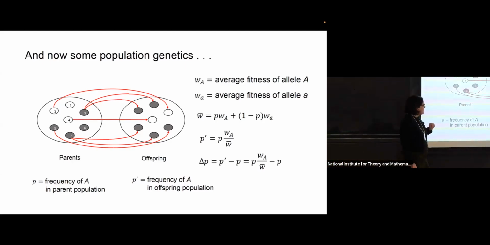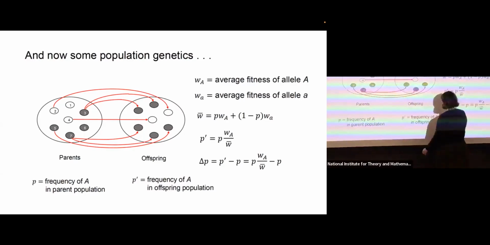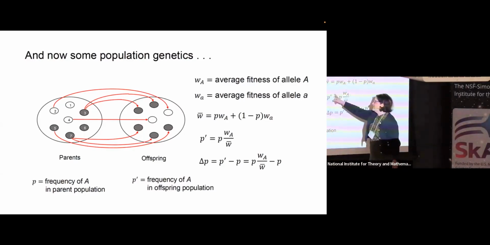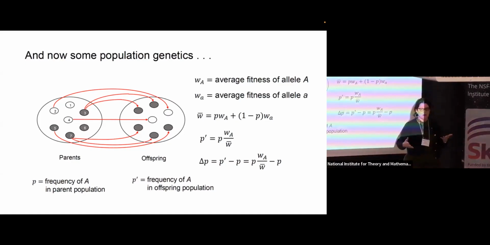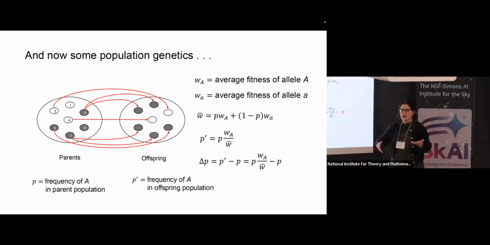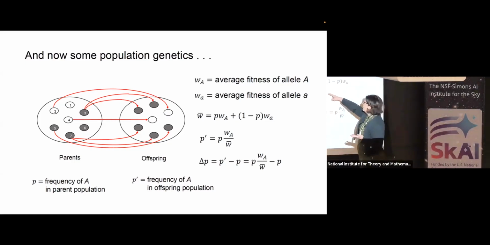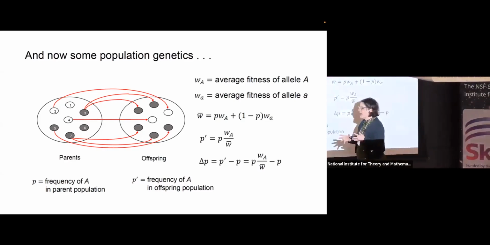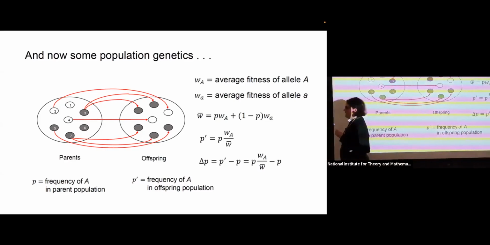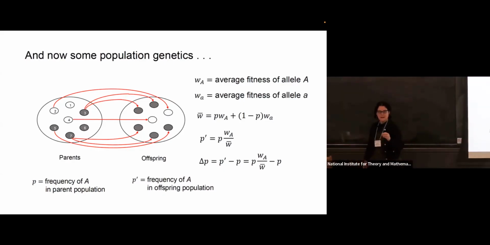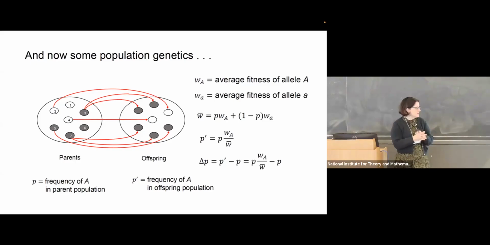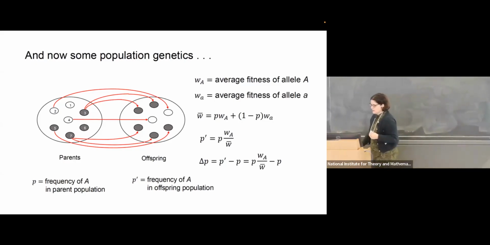And then if the frequency in the offspring population is P prime, we're going to let that frequency be the original frequency in the parents multiplied by the average fitness of allele A over the mean fitness. And this time, what we're going to track is the frequency of the allele. So that's the trait. The trait now that we're following, the mapping is that it's the frequency of big A. And so we want P prime minus P. I'll write that out.